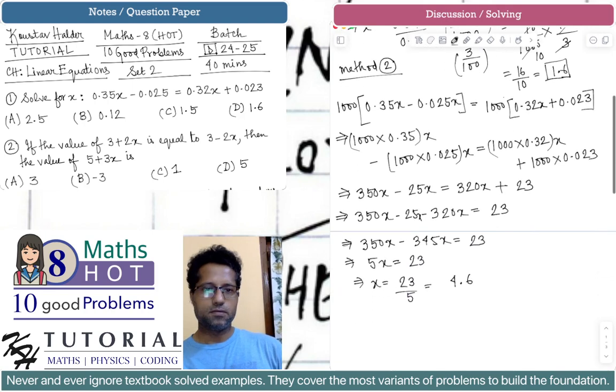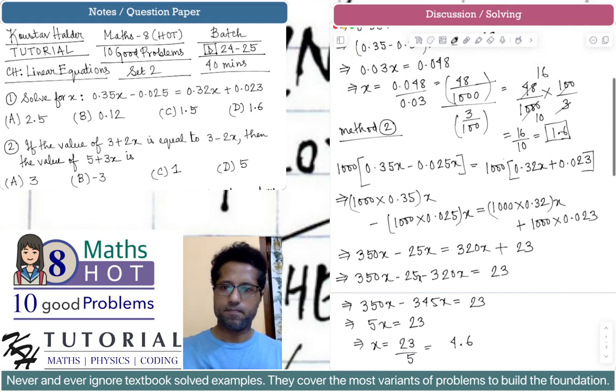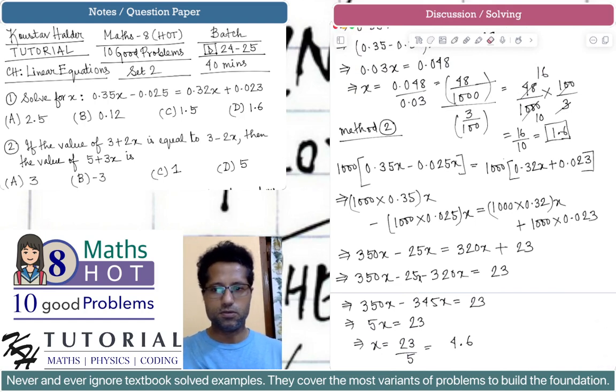I must have done, oh, okay, sorry. This is not 0.025x, but only 0.025. So this is not x.